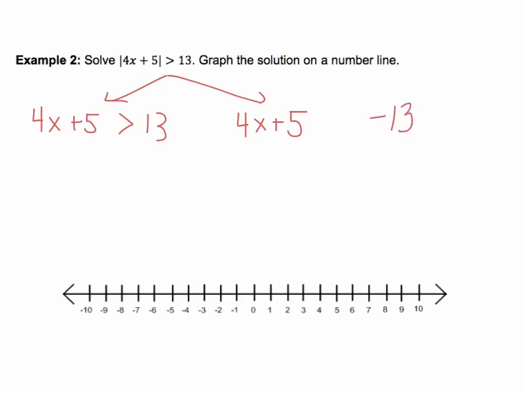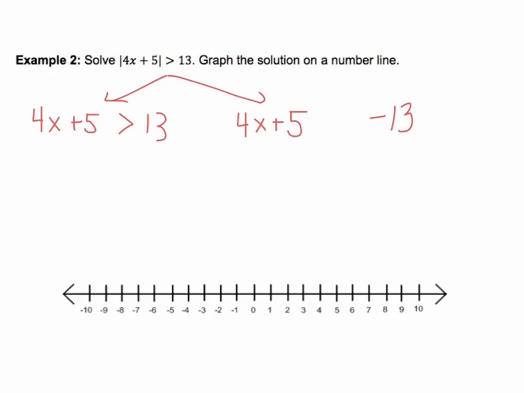I'm going to ask you to think back to the warm-up yesterday for just a moment. Seems like forever ago. There's a little bit of directions there that said, remember when you multiply or divide by a negative number, you have to flip your inequality symbol. Does anybody know why we do that?